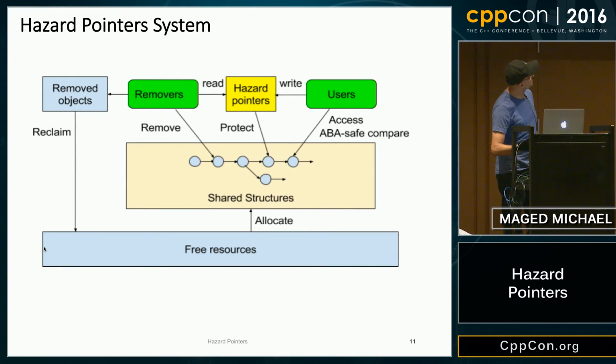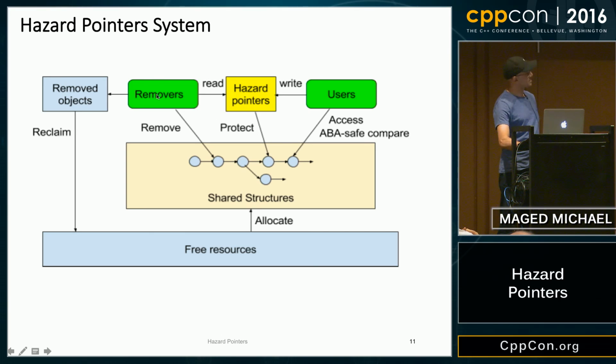So the point of looking at the hazard pointer system is that you have objects in data structures or representing resources, and they can be protected by users, threads that use hazard pointers, that own and can write to hazard pointers to protect these objects, to have access to them and to protect from ABA, to have ABA-safe comparison.